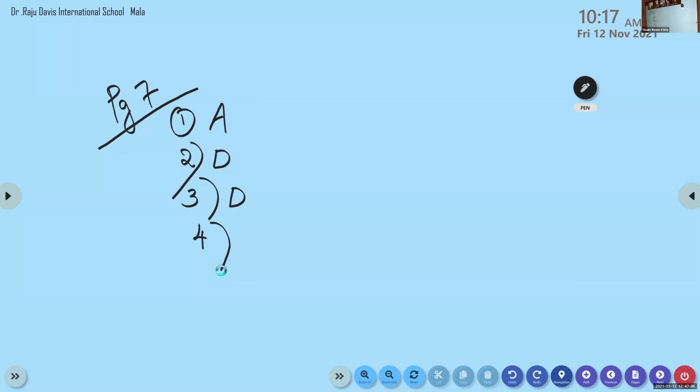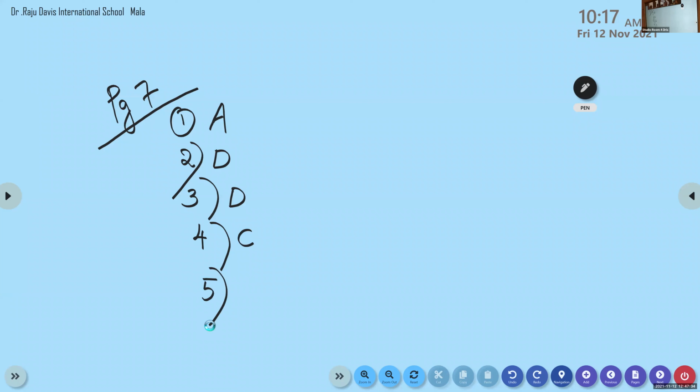Unshaded. How many parts are not shaded, by the total number of parts? 2 by 3. Okay, so can you give me which option is correct? C. Okay.